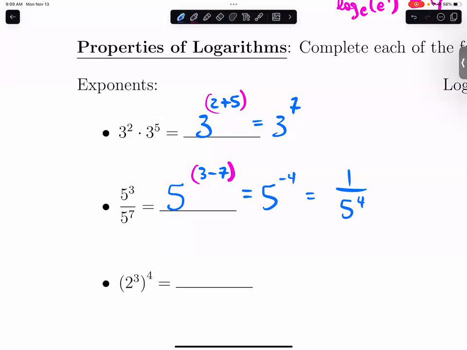So I would cancel, there are more in the denominator, which means that's where they end up, whatever's left over, whatever the overhang is. 4 copies of those would be left in the denominator, and then just a 1 on top to hold the place. Okay, you subtract them, top minus bottom.